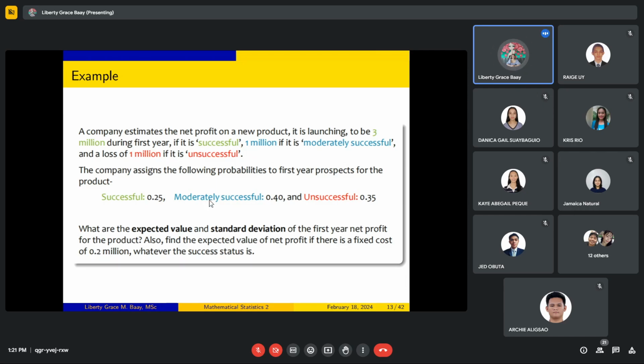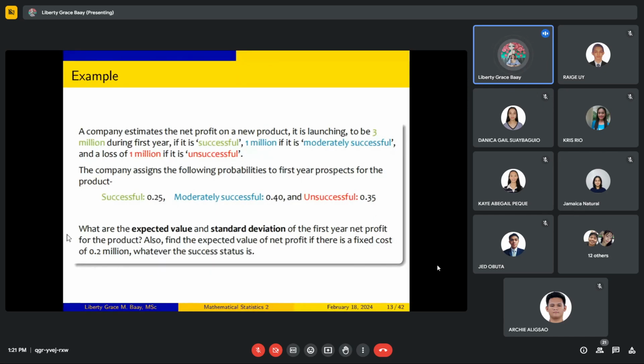So kung 3 million if it is successful, the probability is 0.25, and 1 million if it is moderately successful, the probability is 0.40, and lastly if it is a loss of 1 million, so negative 1, and unsuccessful, the probability of that is 0.35 or 35%.